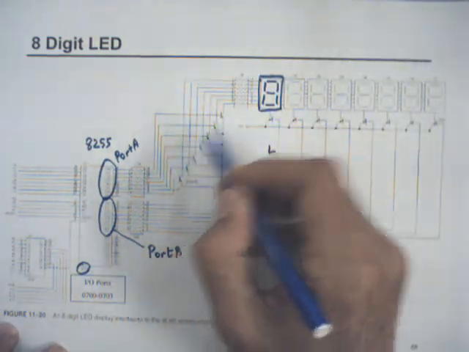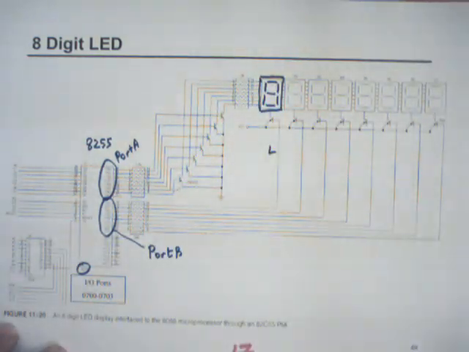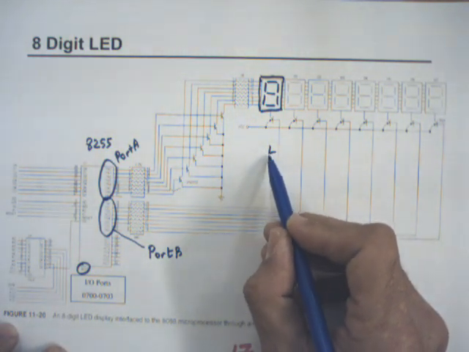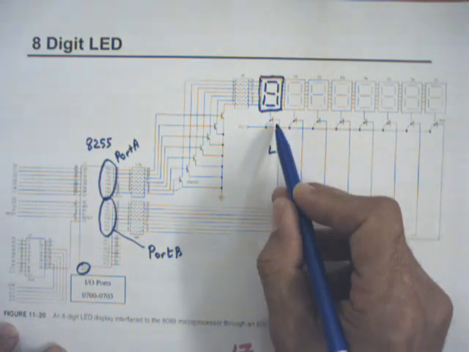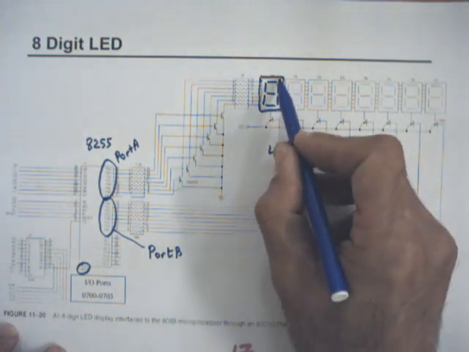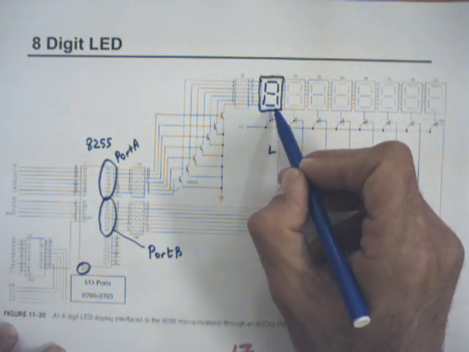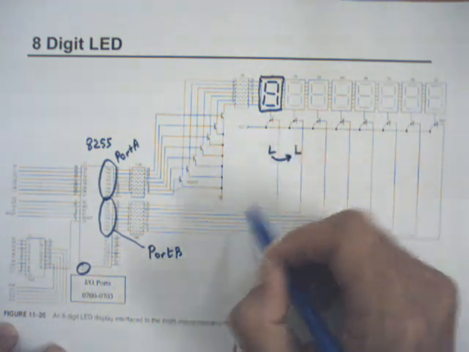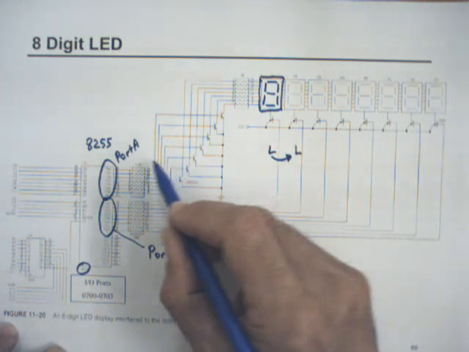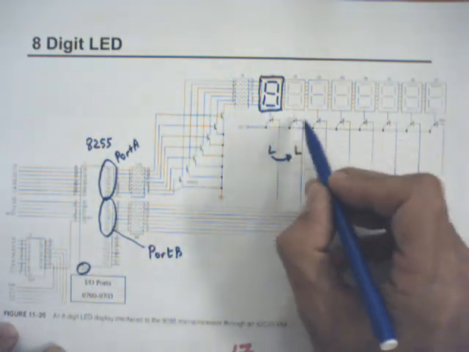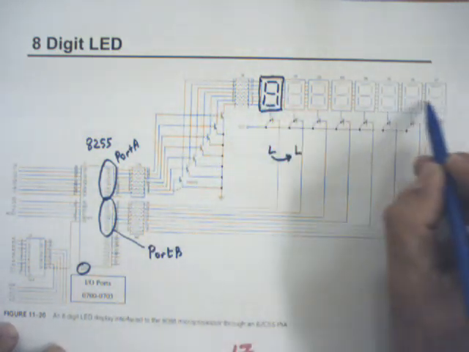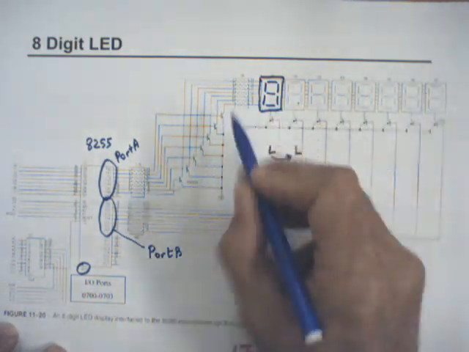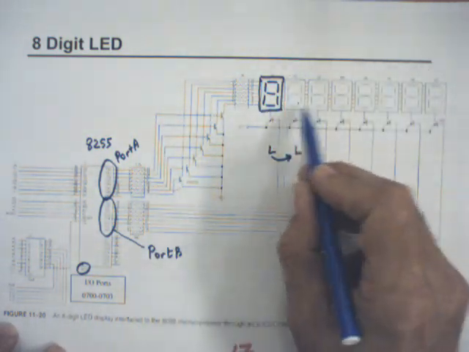If you activate some of them, you see another number, and then when you increase this level to high, these will be all turned off. Then you can apply low signal and send another number here. You continuously see lots of the numbers and continue the rotation.